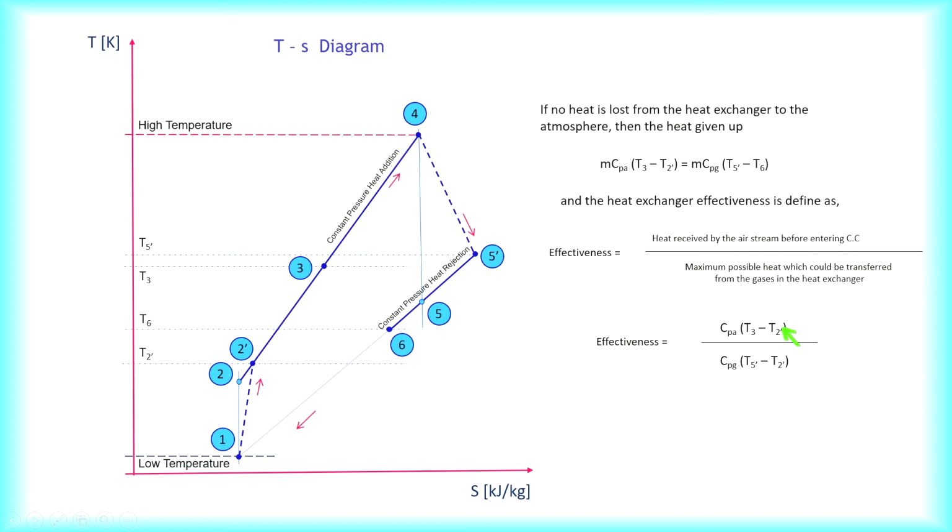Remember the regenerator that I've shown you on the previous slide. Point 2 prime is the outlet of the compressor and inlet to the regenerator, and point 3 here refers to the outlet of the regenerator, and it still belongs to the air stream, the air side.